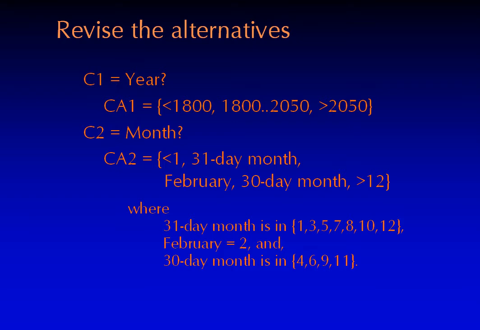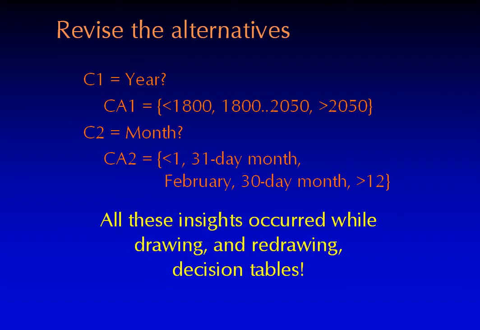The 31-day months, the 30-day months, and of course February, which may have either 28 or 29 days. These insights occurred while drawing and redrawing the decision tables. Each time that we are able to cut down the number of alternatives for a condition, we will be simplifying the solution. So here are some more improvements.